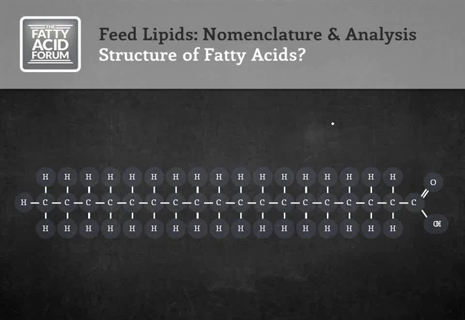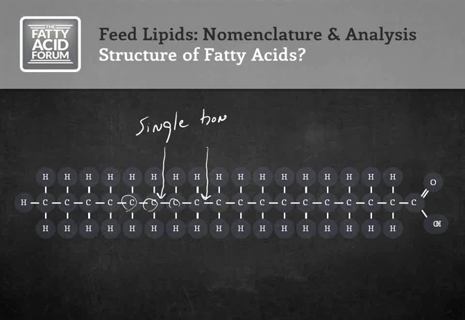Now, since fatty acids are central to all this and the most important aspect of lipids, we should know something about how they are named and the differences between them. Their structure is relatively simple. They are chains of carbons, and each of these links, carbon links in the chain, are held together by bonds.